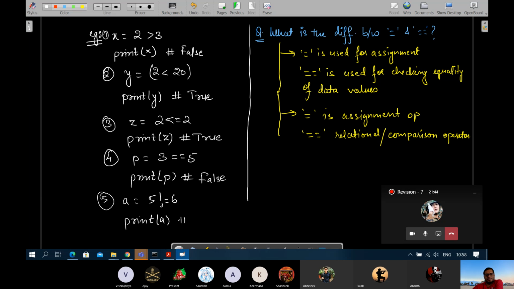What will be the answer? True or false? Okay, ठीक. Okay, good. ठीक है. So this was all about your comparison operator.